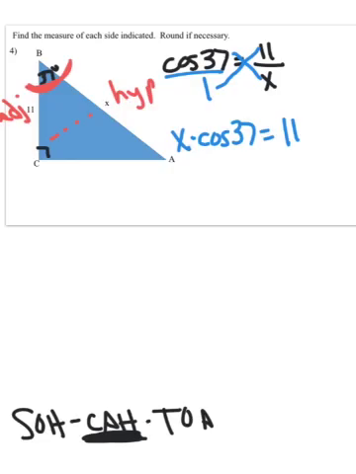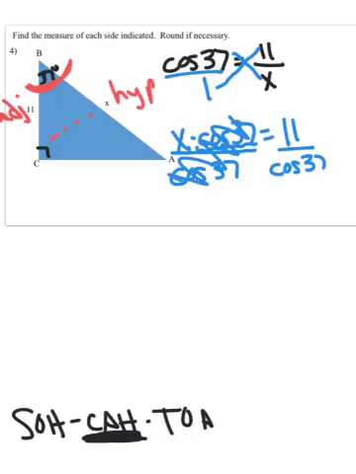Okay, notice our x isn't by itself, so we need to get rid of this cosine 37. So the opposite of multiplying is dividing. So we're going to divide both sides by cosine 37. And on the left, that will cancel. So we'll have x equals, and then we're just going to bring everything on the right down. 11 divided by the cosine of 37.